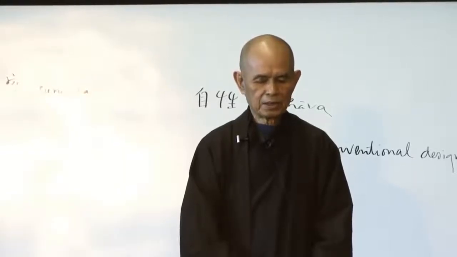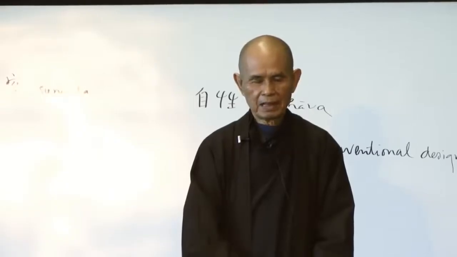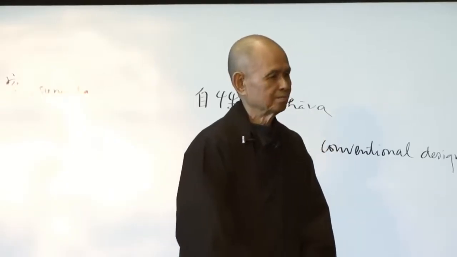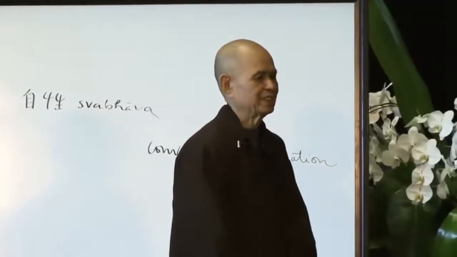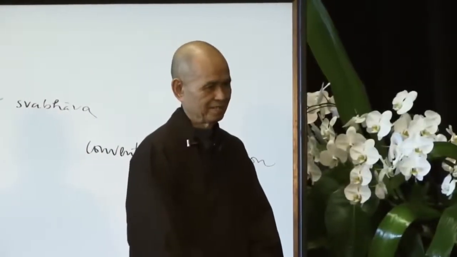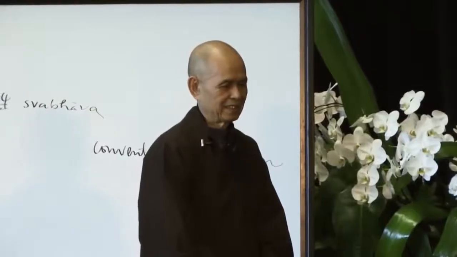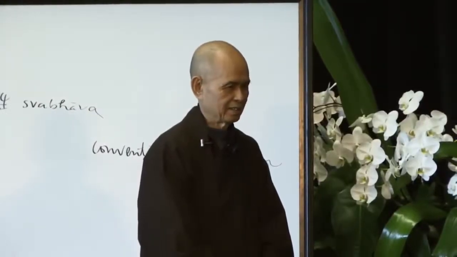And that is why the teaching of the Buddha on Genesis, how the world comes to be, is very easy. It's very simple. This is because that is. This is not because that is not. Everything is connected to everything else.